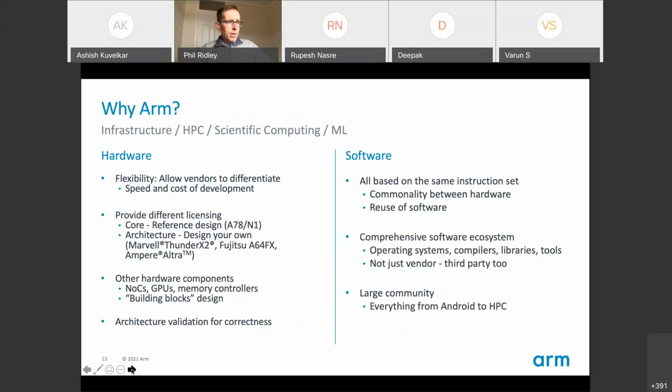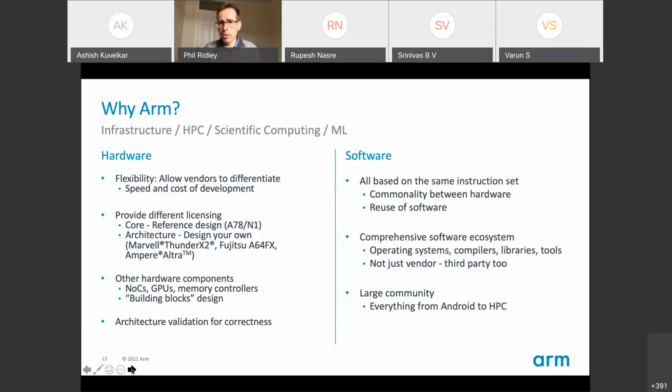So to summarize really what I've been talking about, why would you choose ARM, and why would you choose ARM for HPC or infrastructure scientific applications? Well, as I've mentioned, the flexibility of our processor design model allows vendors to focus their design on what really fits best for the end users out there.